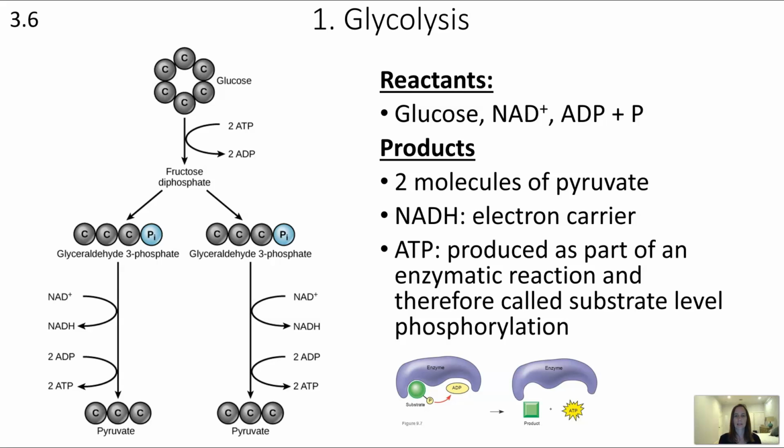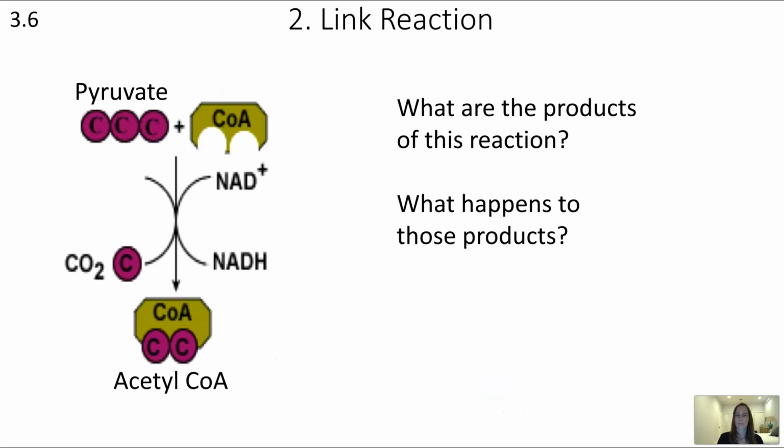So that just means that it's phosphorylation, or sticking a phosphate group on ADP to make ATP, that's part of another process. It's part of an enzyme-driven reaction. Substrate-level phosphorylation is in contrast to oxidative phosphorylation, which we'll see later in this presentation.